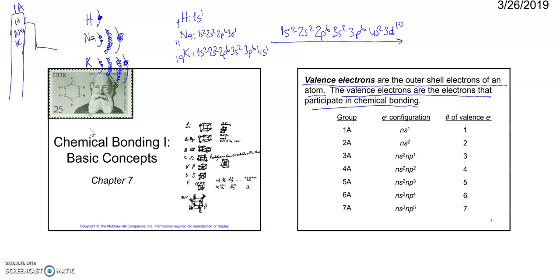All these elements in the same group have the same configuration, only one valence electron. So if you have an element in group 1A, you'll end up having an ns1 configuration: hydrogen is 1s1, sodium is 3s1, and potassium is 4s1. The number of valence electrons will be 1 in all of them.